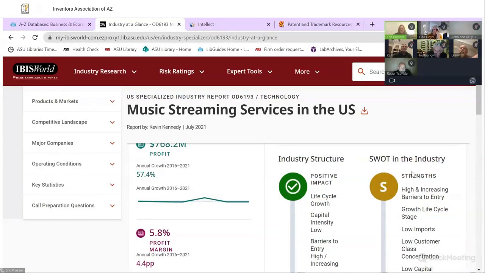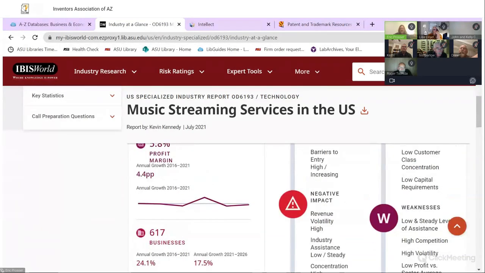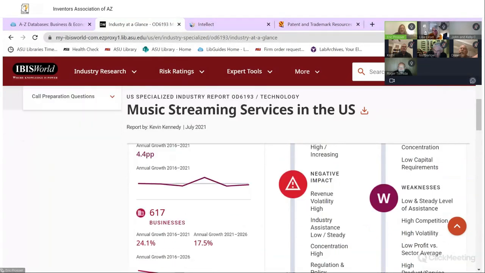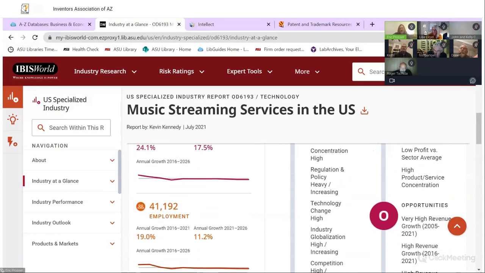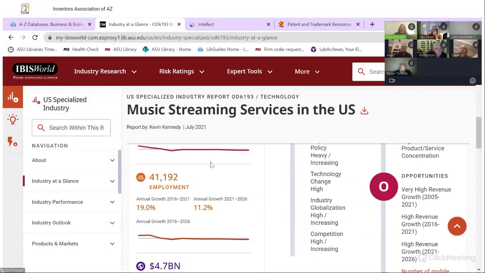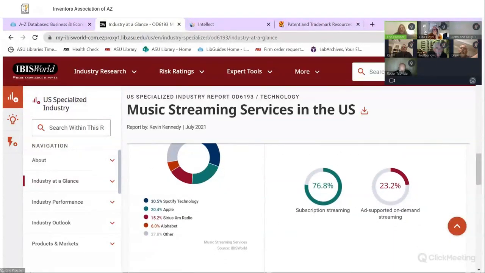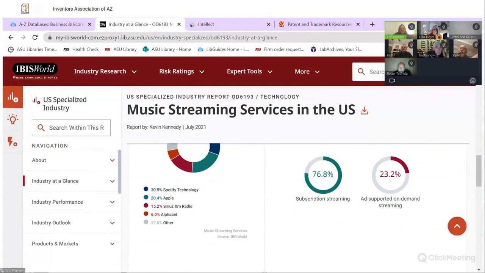They'll talk about the industry structure and other information in there that you might be interested in as an entrepreneur, that your potential investors might be interested in as funding your venture. It talks about employment in an aggregate sense, not on a company sense. And again, we're getting a lot of information in here about the industry.